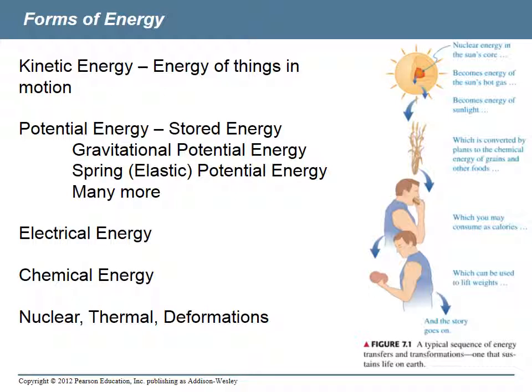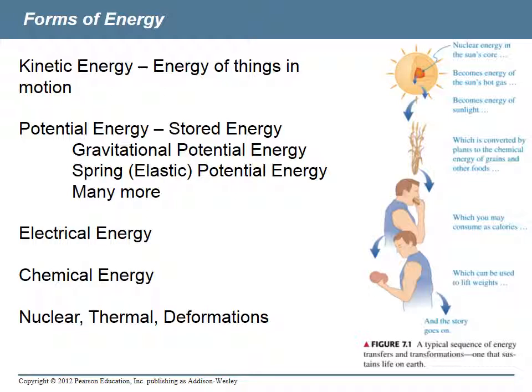Amongst potential energy, the couple we'll talk about are gravitational potential energy. This is potential energy due to gravity, right? Think about kinetic energy, maybe you have a ball falling. The speed at which it can go depends on how high it is, and the way it gets its energy is from gravity pulling down on it.